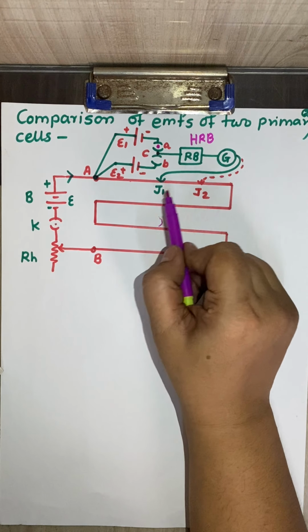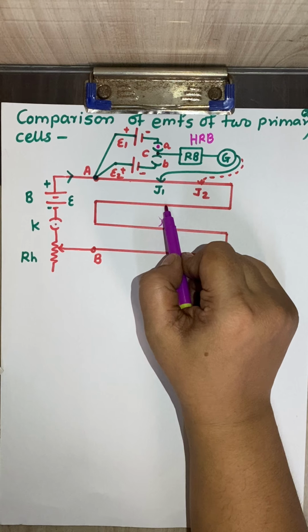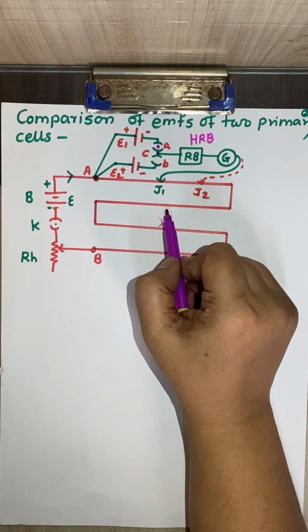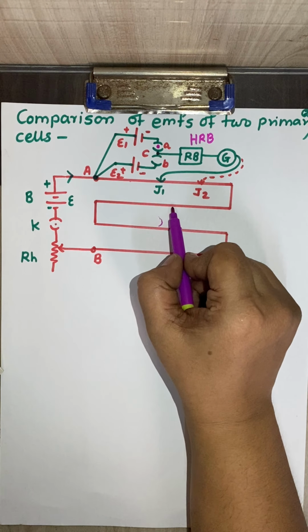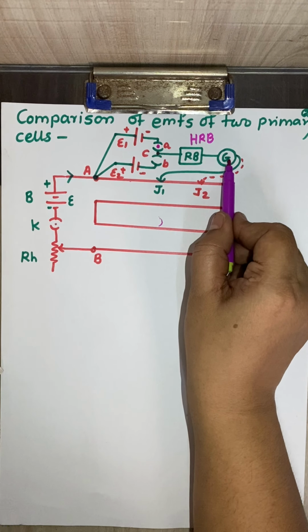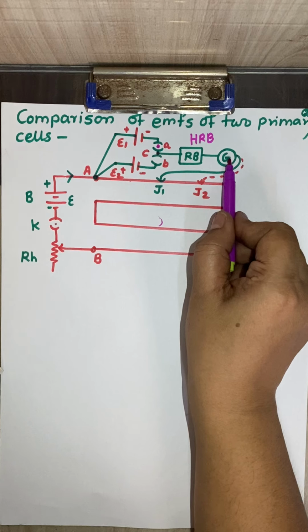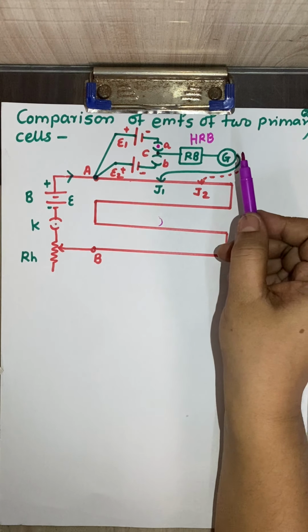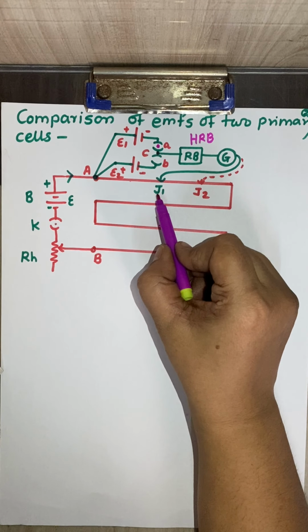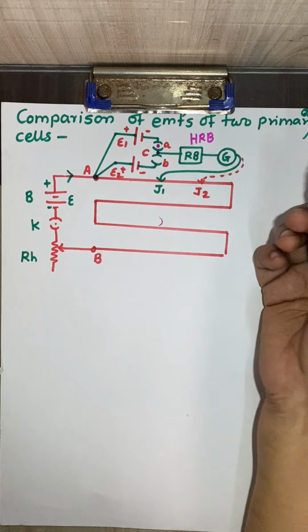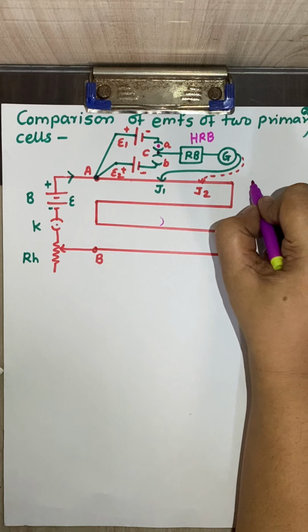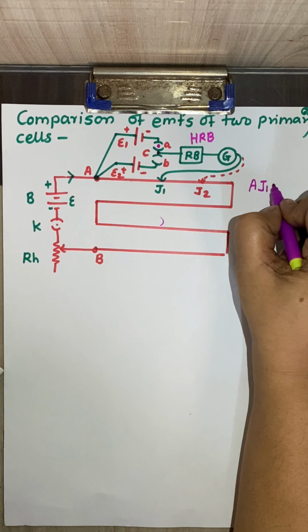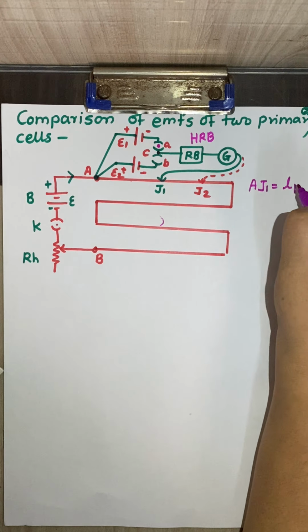That is true. But there is another length at which, when the jockey is kept on the wire, the galvanometer also shows zero or null deflection. Now this position of the jockey is called J1, and this length of the wire, AJ1, is called L1.